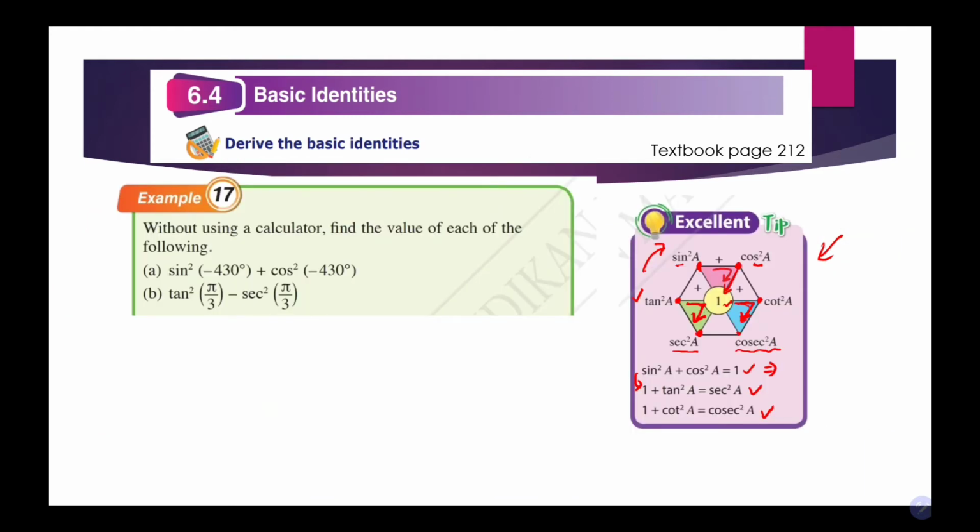So let's see. If I divide by sine square A, we'll get sine square A plus cos square A equals 1. I divide by sine square A. What do I get?